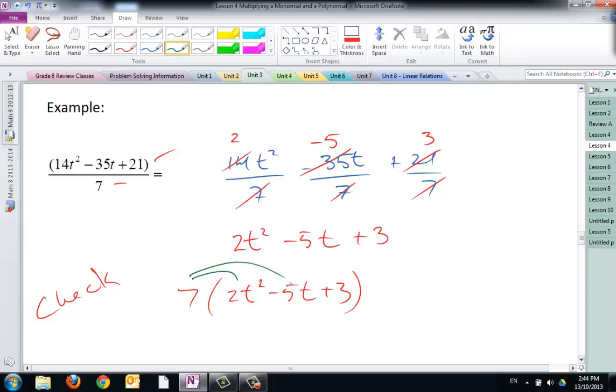So let's do our distributing. 7 times 2t squared gives me 14t squared. 7 times minus 5t gives me minus 35t. And 7 times 3 gives me 21. And so you can see that that and that are the same, so I got it right.